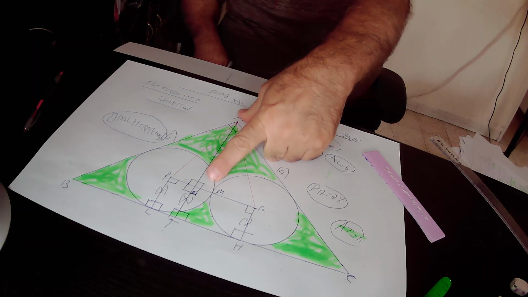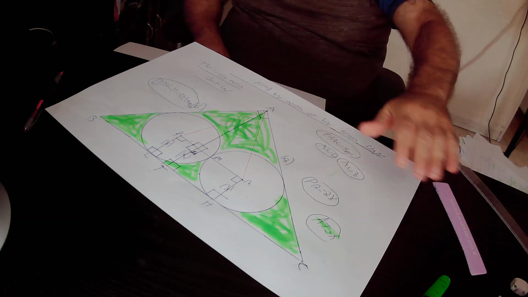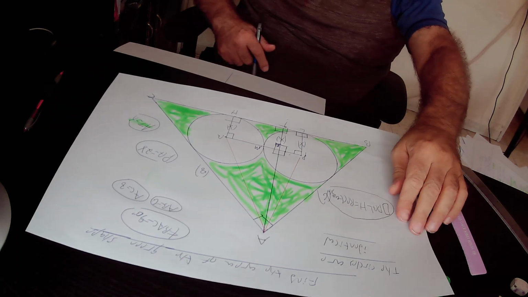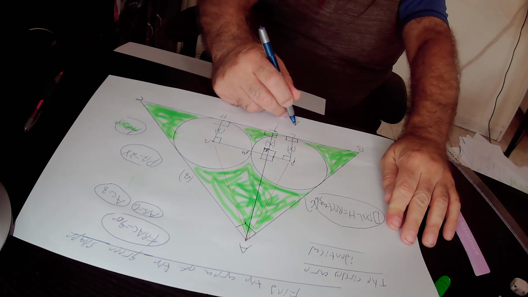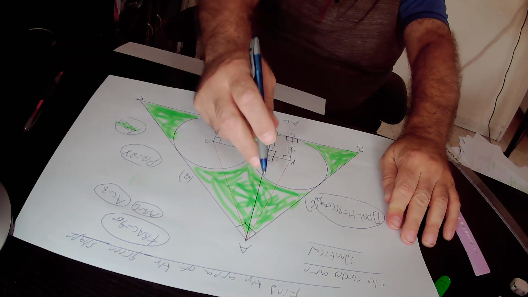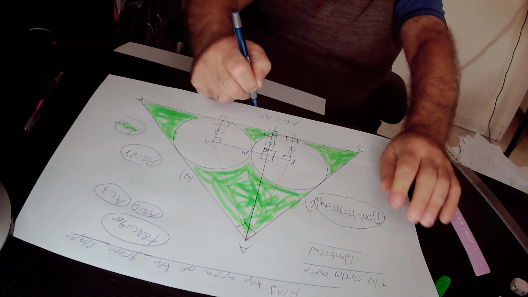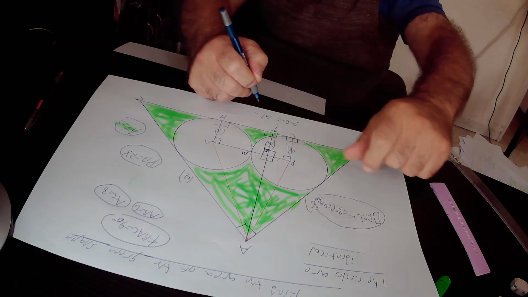The height AG equals AT minus GT. So write it down: the height AG in total is equal to AT minus GT.